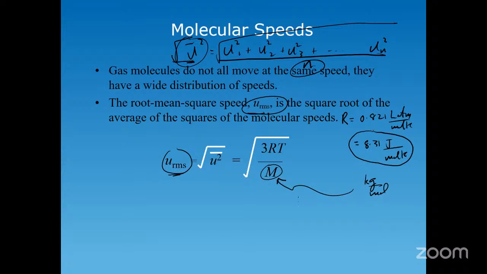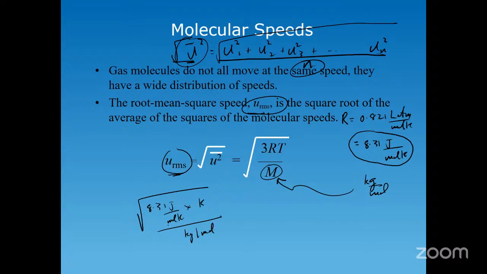Now, let me briefly explain why those two changes are necessary. Instead of using the actual values of R, T, and M, I'm going to plug the units in here. So the units of root mean square speed will be equal to the square root of R, which is 8.31 joules per mole Kelvin, times T, which is in Kelvin, divided by M, which would be kilograms per mole.